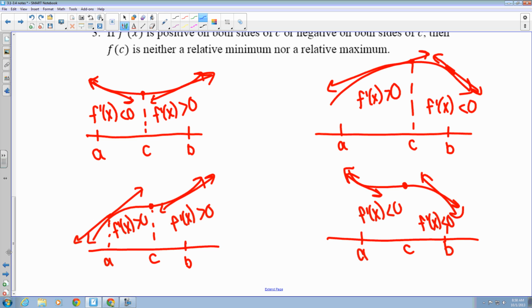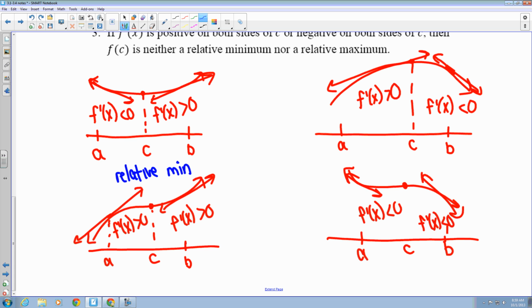So the first one, here we all have a point C on each one of these little pictures. The first one, we start having a negative slope, and then it changes to positive at point C, which, as you can tell, goes from negative to positive, that would be a minimum, I'm sorry, relative minimum.